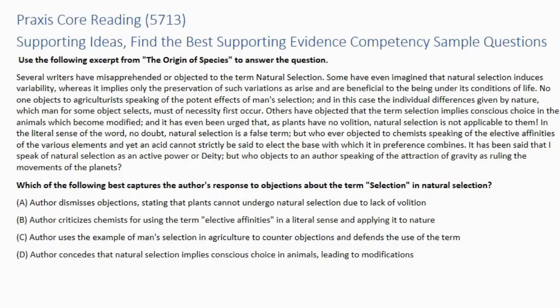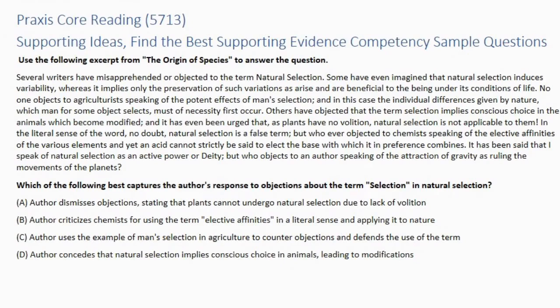Use the following excerpt from The Origin of Species to answer the questions. Please pause your computer at this time, read the passage, and then we'll take a look at the question and answer choices. So the question says, which of the following best captures the author's response to objections about the term selection in natural selection?